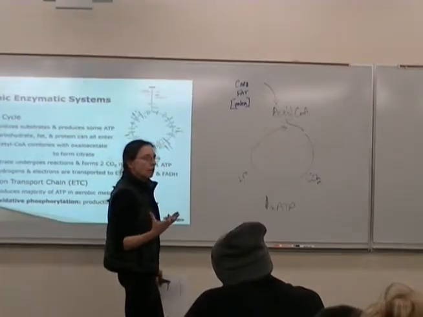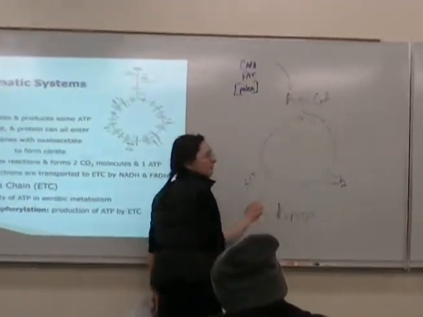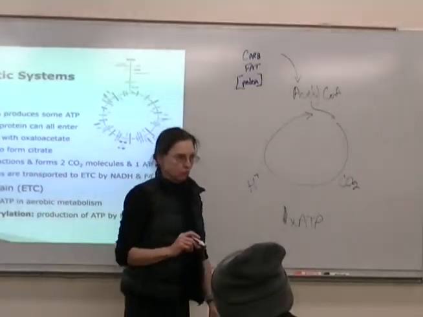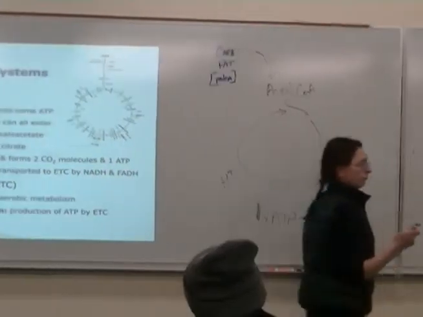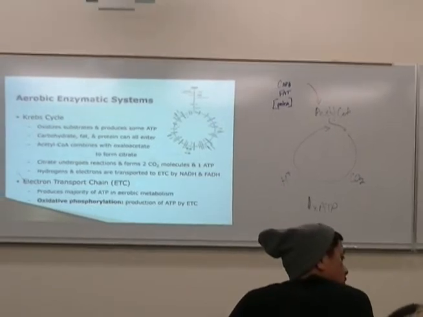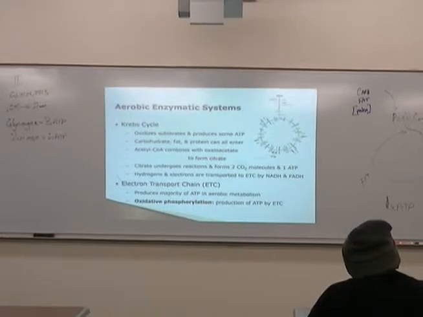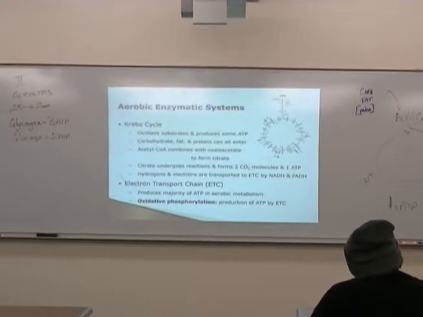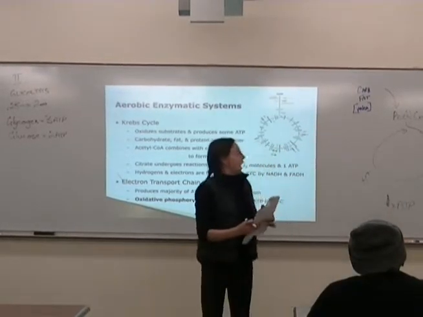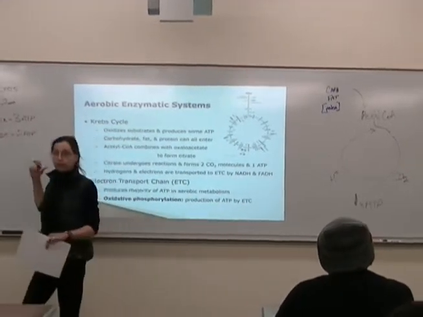So we take carbohydrate and fats and we turn them into acetyl-CoA, and then we feed it into Krebs cycle. Because the big pink sign didn't say. So, with me so far, right?